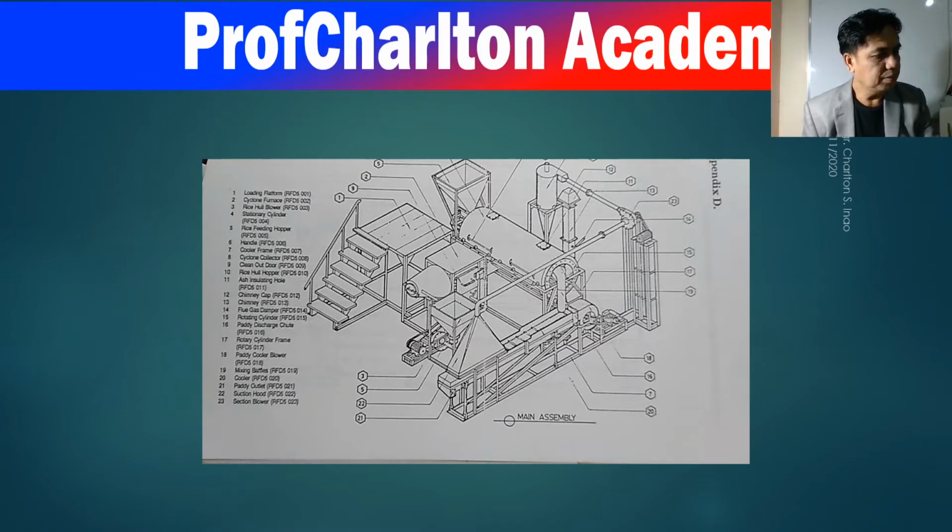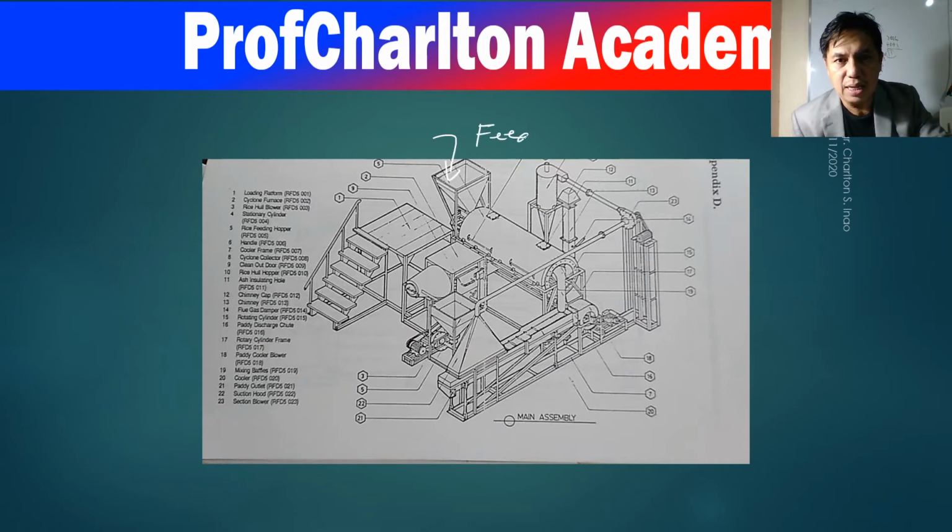If I may illustrate this here, so you feed the sand, or whatever. You can feed whatever you want, sand or the grain, the palay. Then after that, it will go to the discharge.